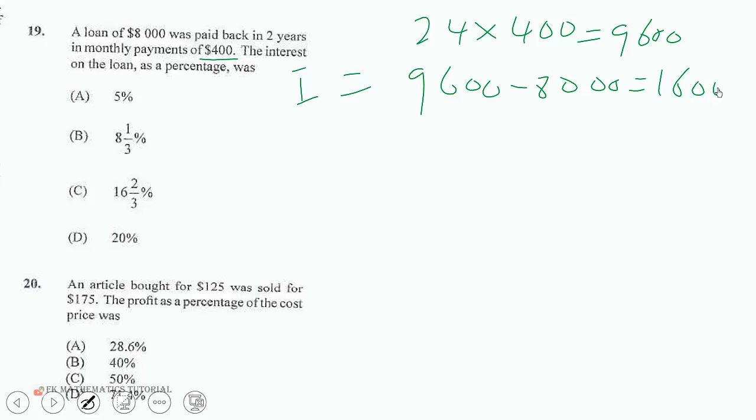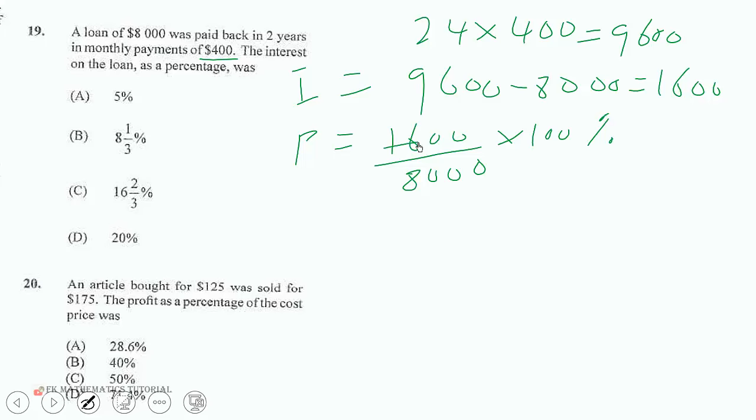That is the interest. The interest on the loan as a percentage. So the percentage will be equal to the interest over the actual amount, which is 8,000, times 100%. So 1,600.